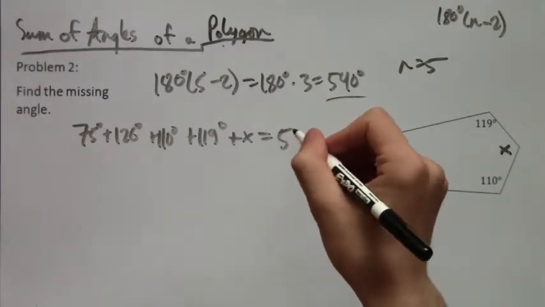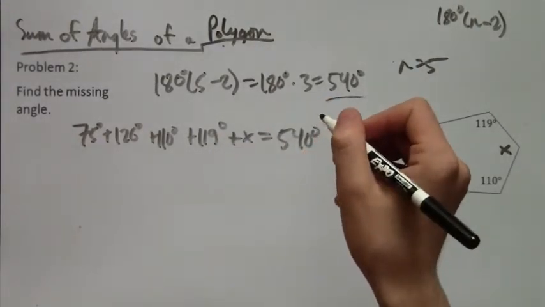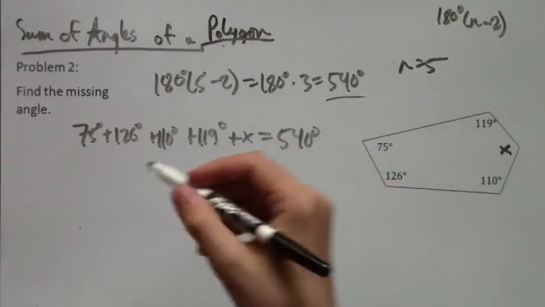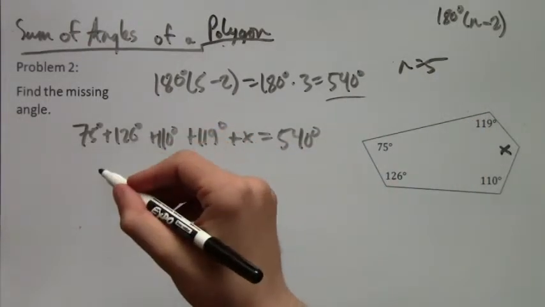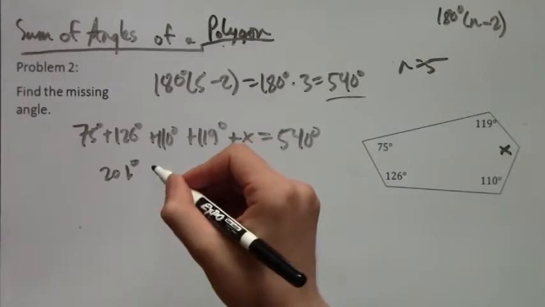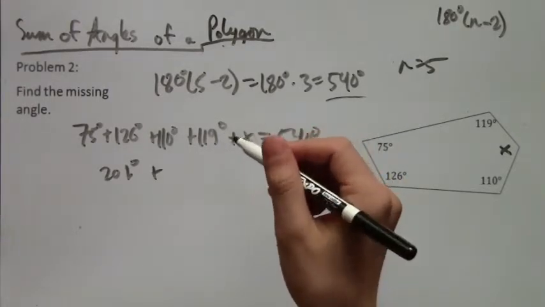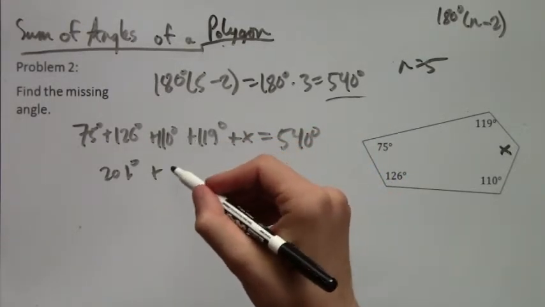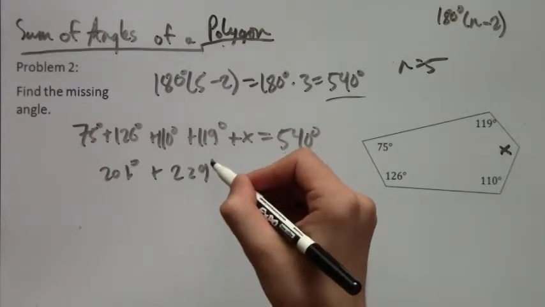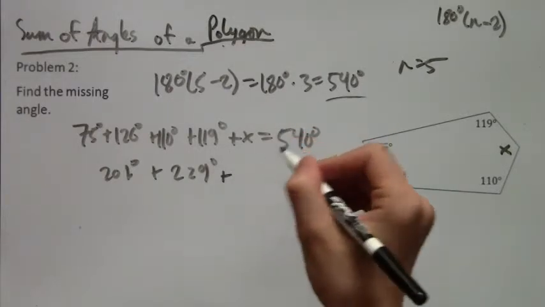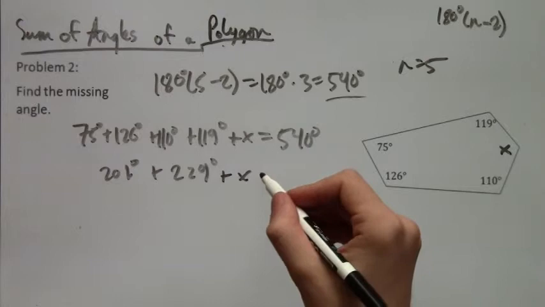So again, I label the missing angle x, and we sum up all the angles and x, and we should get 540 degrees. To solve for x, I'm just going to add these angles together. The first 2 added are 201 degrees, the second 2 added are 229 degrees, and then we have x.